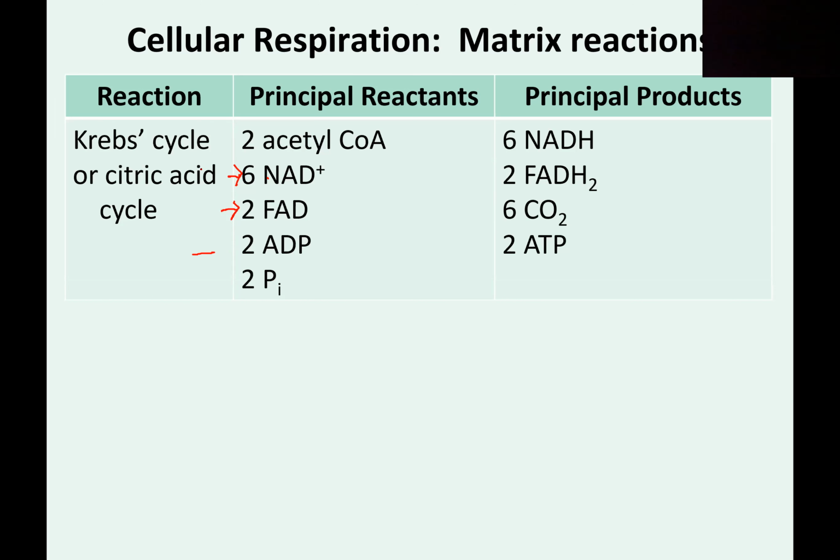These will all go in the columns. Products: 6 NADH, 2 FADH2s, 6 carbon dioxide, 2 ATP. Again, these are the total numbers.